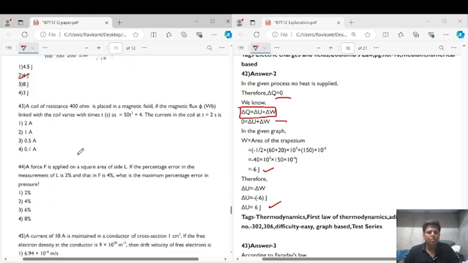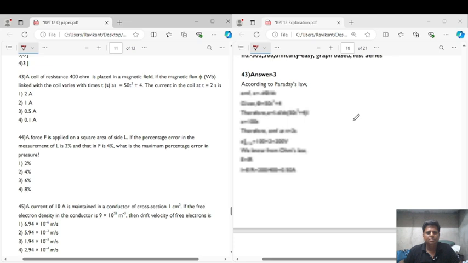Question number 43. Question 43 says that a coil of resistance 400 ohm is placed in a magnetic field. The magnetic flux phi in Weber linked with the coil varies with time as 50 t square plus 4. The current in the coil at t is equals to 2 seconds is.